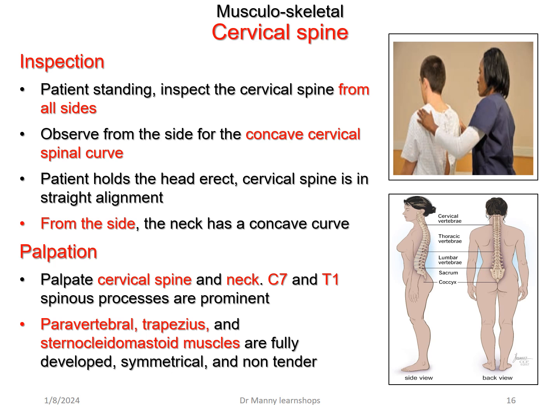When you palpate the cervical spine and neck, you're palpating from C7 to T1 of the spinous processes are prominent. You also palpate the paravertebral and trapezius and sternocleidomastoid muscles to make sure that they are fully developed and symmetrical and non-tender.